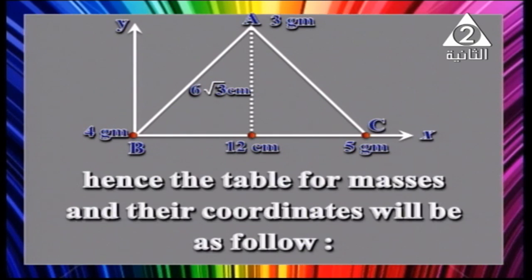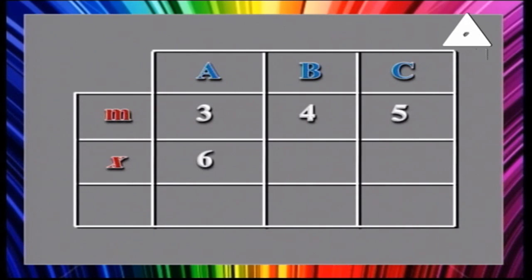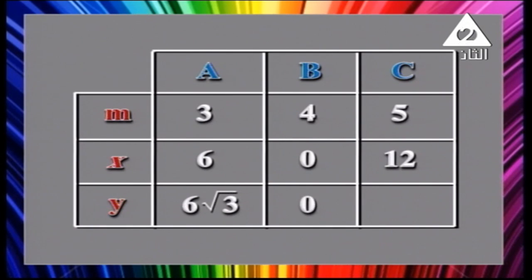My dear student, the table for mass and the coordinates will be as follows. We have mass at A 3, at B 4, at C 5. Coordinate of X: at A 6, at B 0, at C 12. Coordinate of Y: at A 6 root 3, at B 0, at C 0.